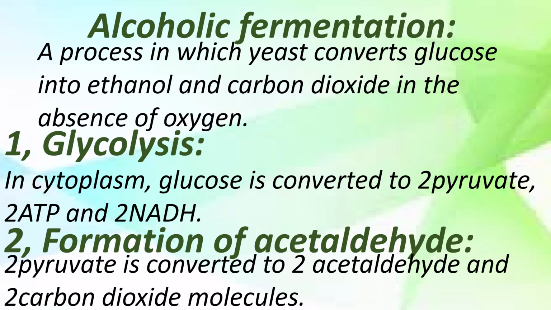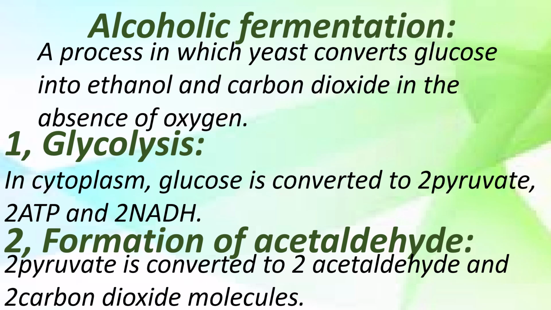When we cook food containing yeast, carbon dioxide is released, resulting in the rise of bread dough. In the manufacture of wine, ethanol is produced. These are examples of alcoholic fermentation.